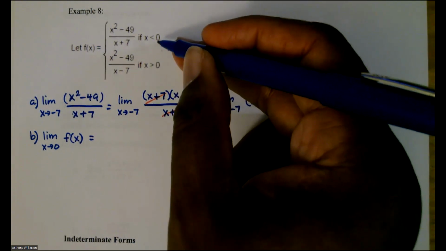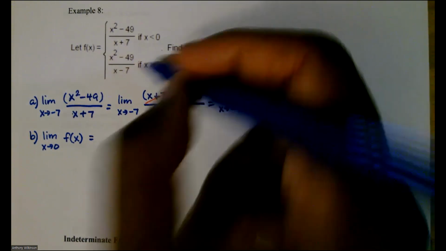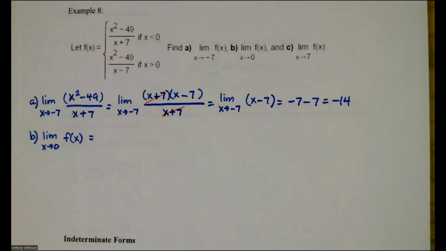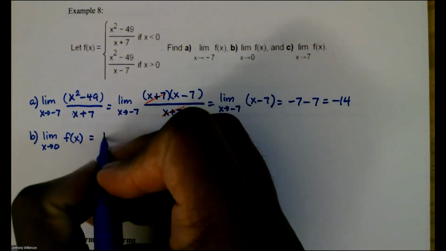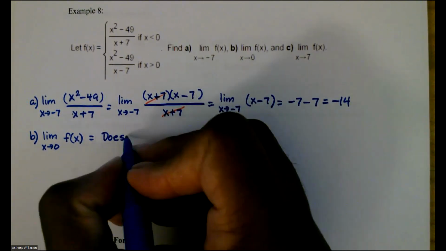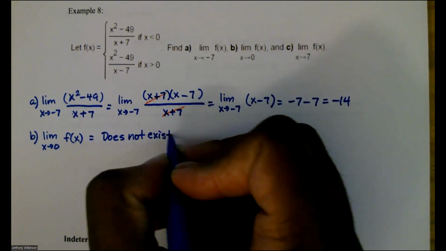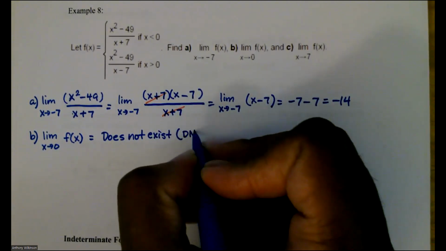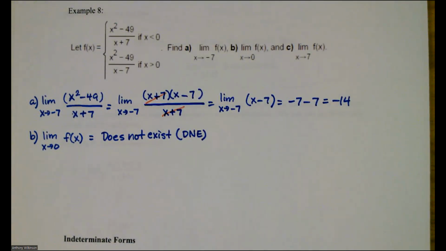This one is for x is less than 0, and this one is for x is greater than 0. There's no expression for x is equal to 0. So the limit as x approaches 0 of the function f of x does not exist. Or you can abbreviate this as DNE, does not exist.